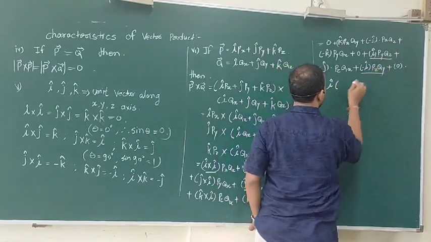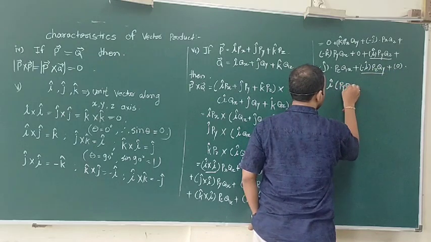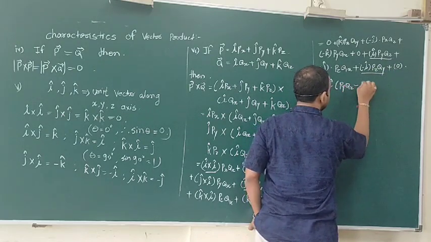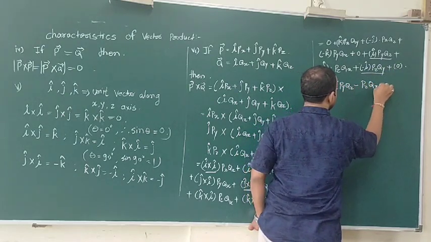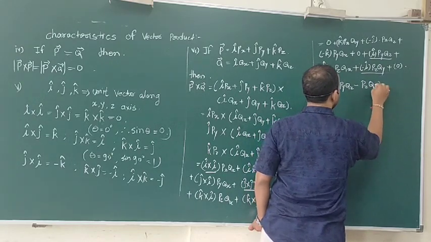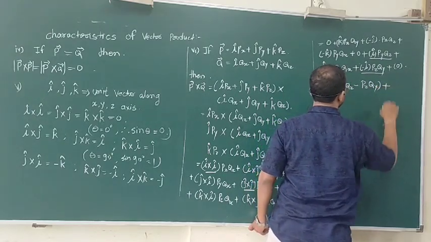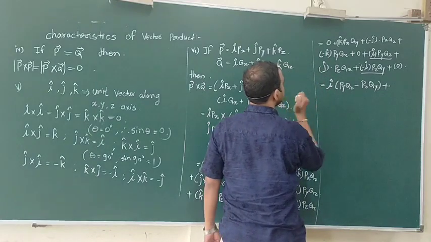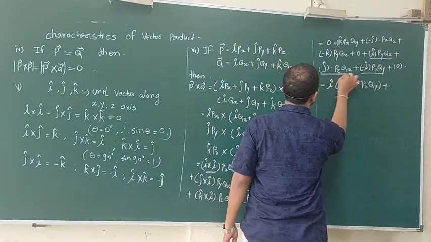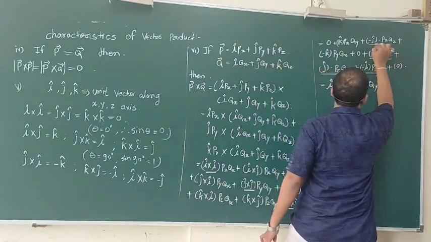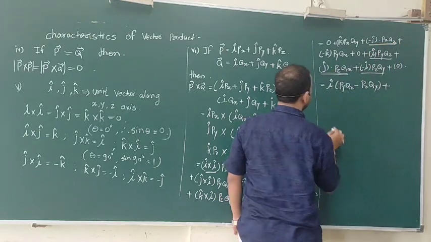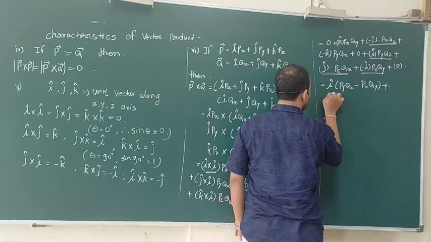So remaining py qz minus pz qy, plus. Now see here, here is the j cap, here also j cap. So I can take j cap common.